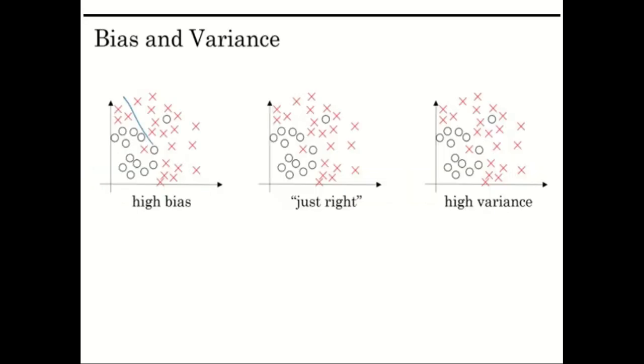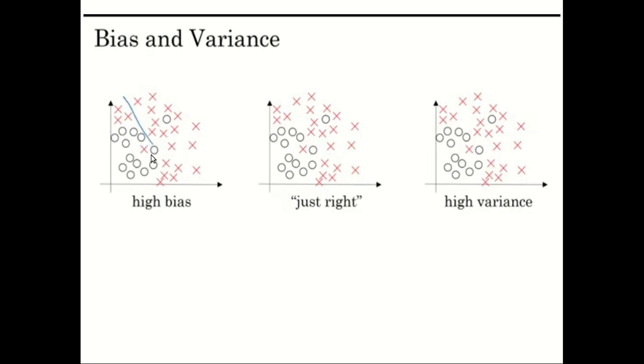Let's say you have a training set like this. Over here I've shown three graphs, and this is just an example of binary classification, with two different training sets plotted.